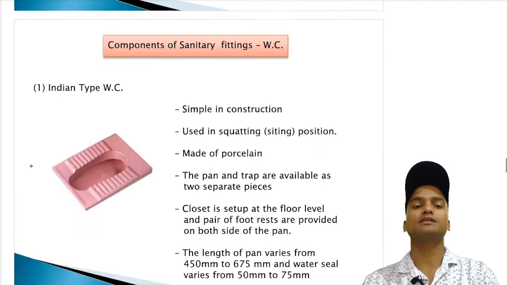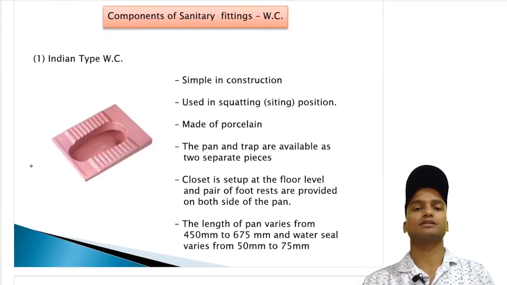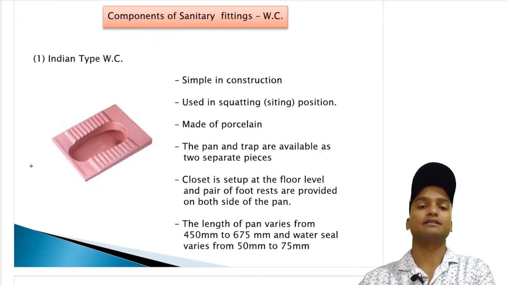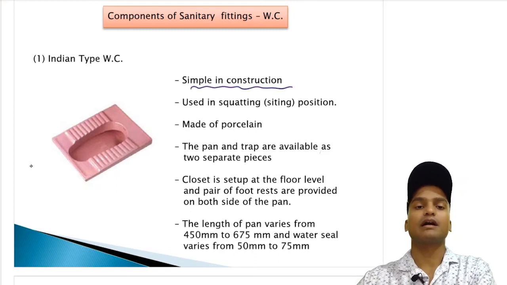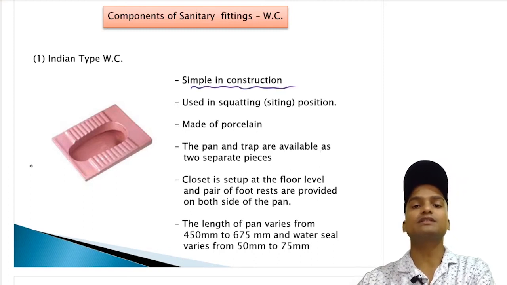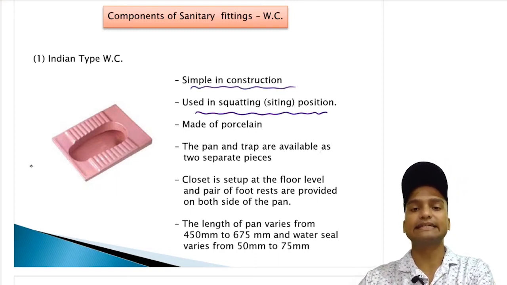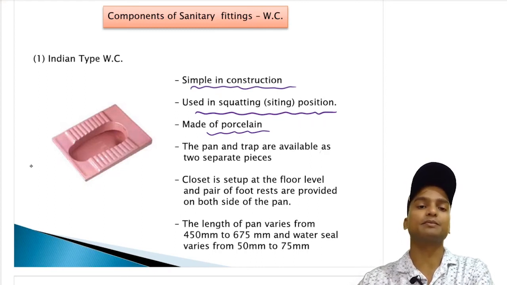The first one is the Indian type water closet, and this is very simple in construction, and it is used in squatting position, means sitting position. And this water closet is made of material called porcelain, and the pan and the trap are available as two separate pieces.